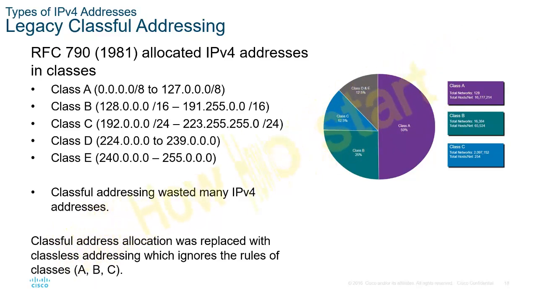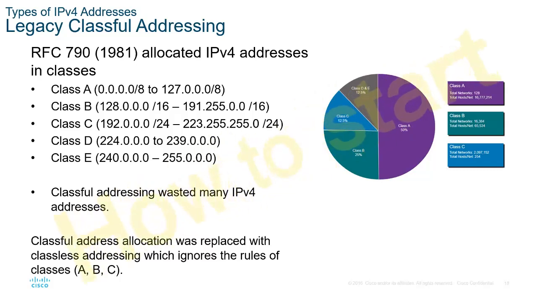Class C happens to be anything that starts with 192 and goes through 223 in the first octet. You'll notice the third private address range is 192.168. So each of these classes have a private address range. We don't do classful addressing anymore. We do classless, meaning we are not tied to the fixed length that are in these classes.